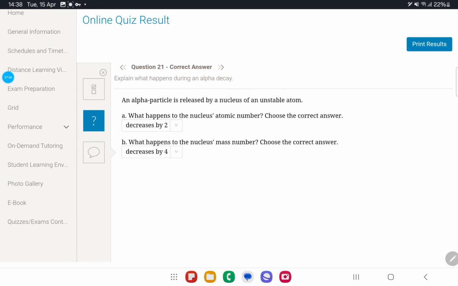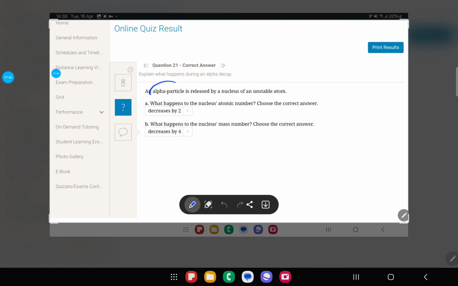An alpha particle is released by a nucleus of an unstable atom. What happens to the nucleus's atomic number? So for the alpha particle, which we said is helium 4 2, it's released by a nucleus of an unstable atom, so this is going through alpha decay.